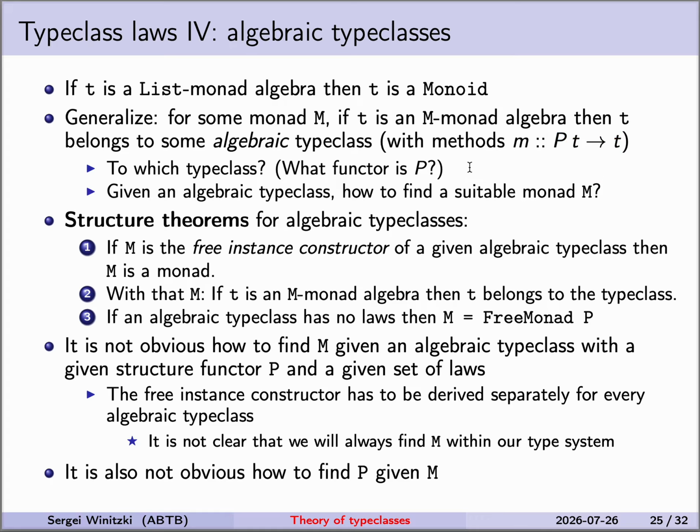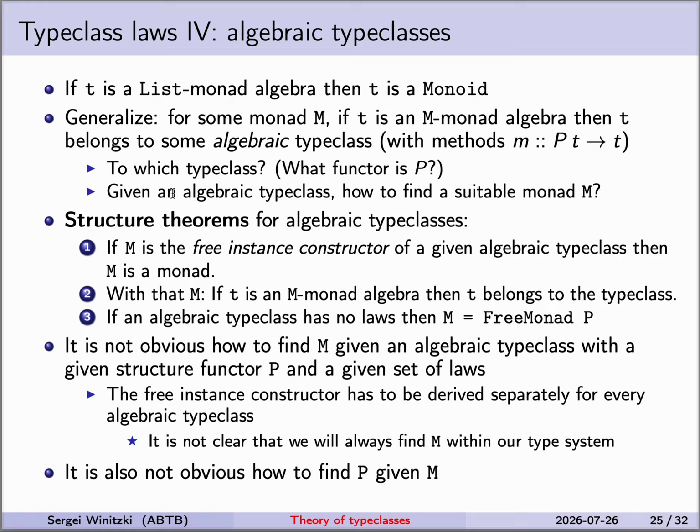And this, of course, opens up interesting questions. To which type class? If I give you a monad M, to what type class do these monad algebras all belong, and for what structure functor P? What are going to be the operations of that type class?